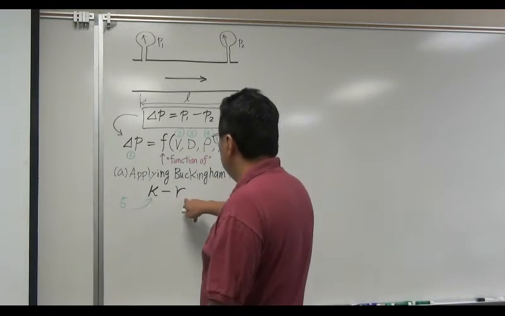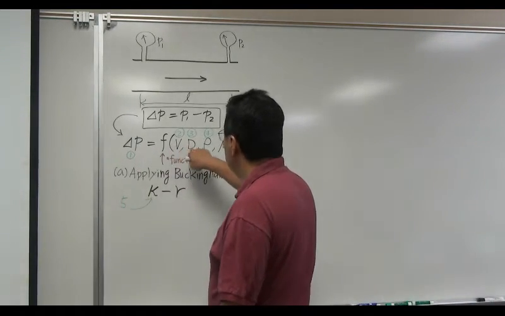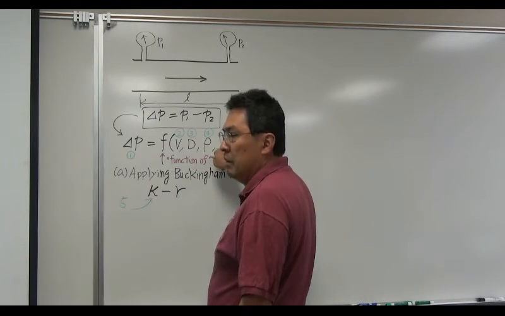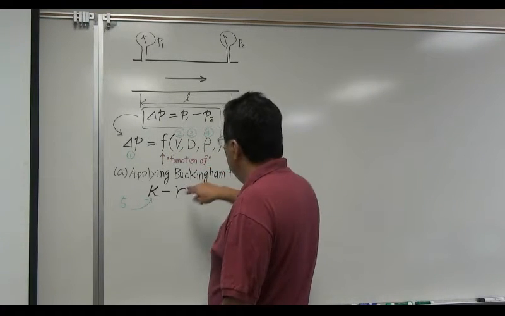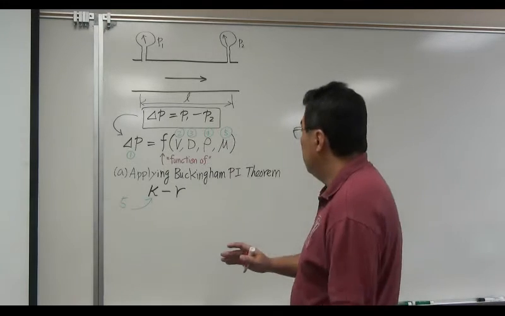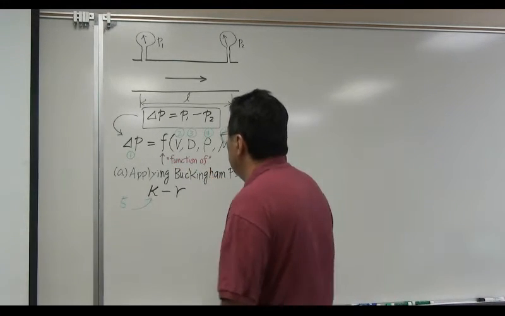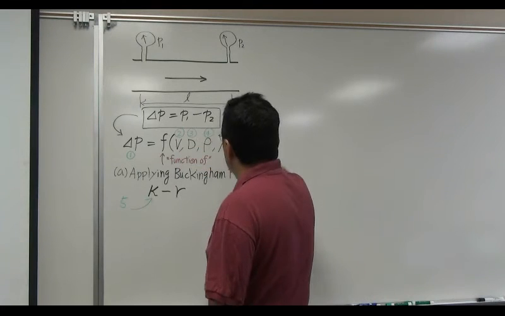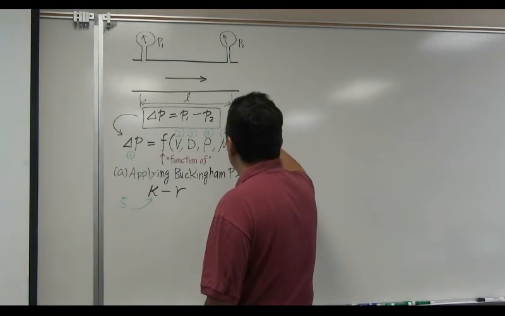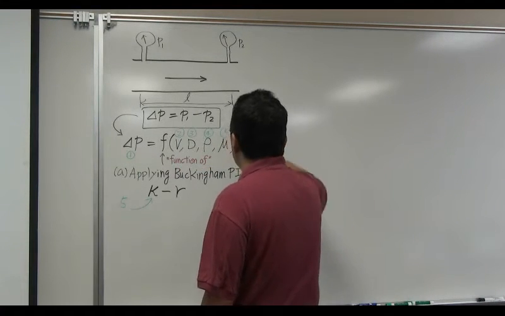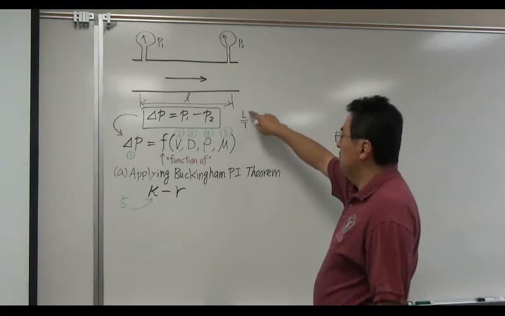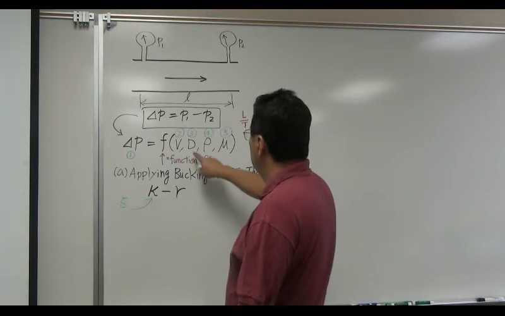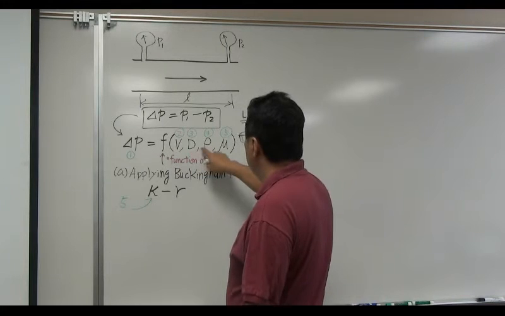This R is, if you take a look at each one of those, how many basic dimensions do you need to describe each one of those? Okay. So velocity is length over time. So length and time are the basic dimensions used. Diameter is length.